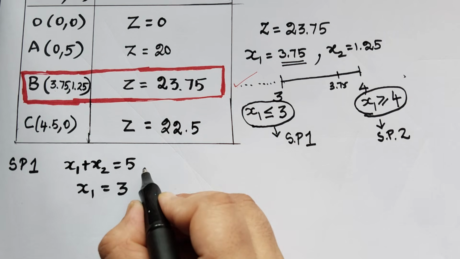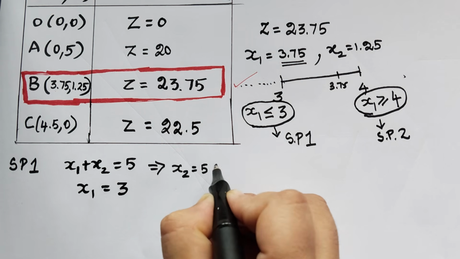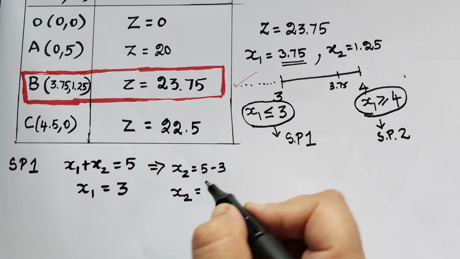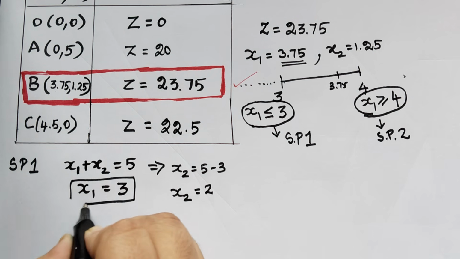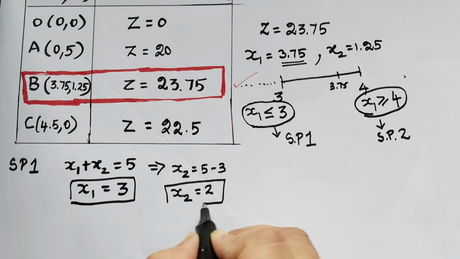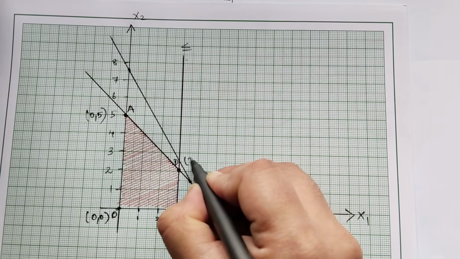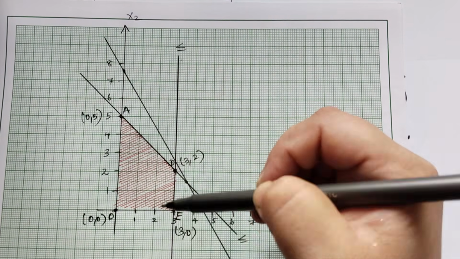So x2 will be equal to 5 minus 3, and the point of intersection will have x2 equal to 2. So the point of intersection is 3, 2. Therefore the point D I have given here is 3, 2, and so we have O, A, D and E.